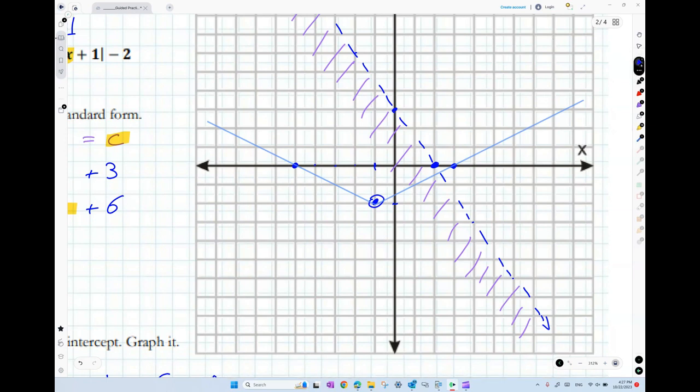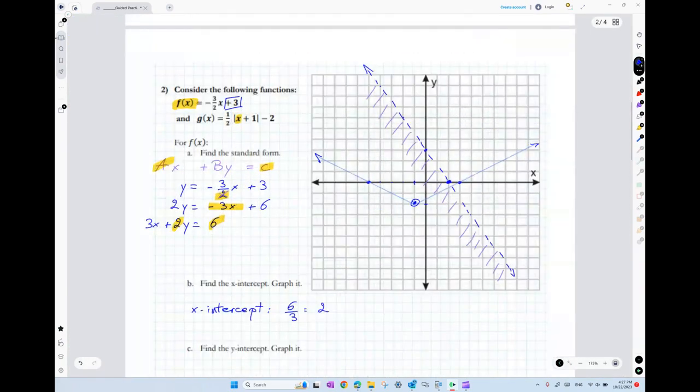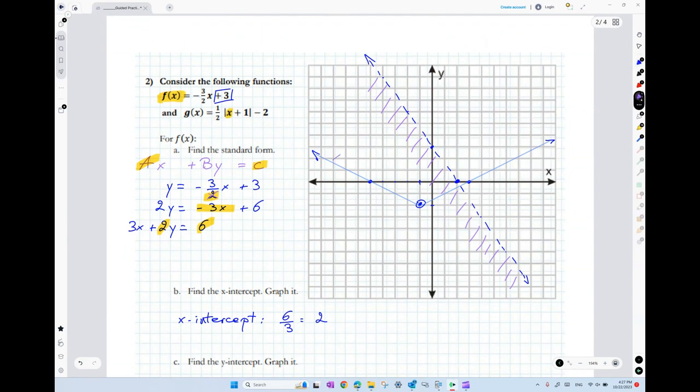It is this time a solid line. And it says greater than, so it's going to be shaded above. And above this one and below the other one, I end up with this region of the plane right here.